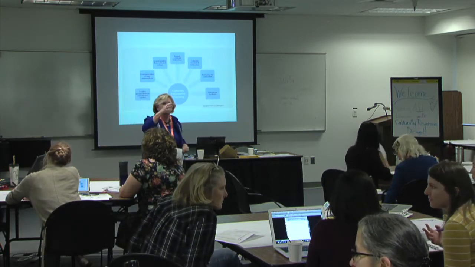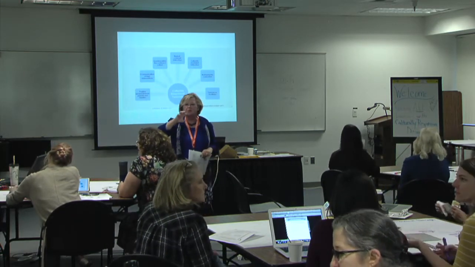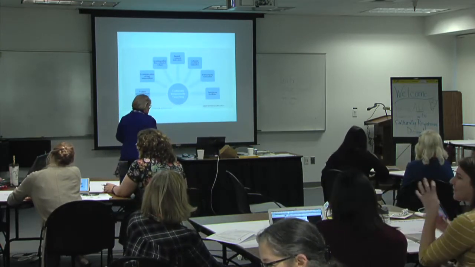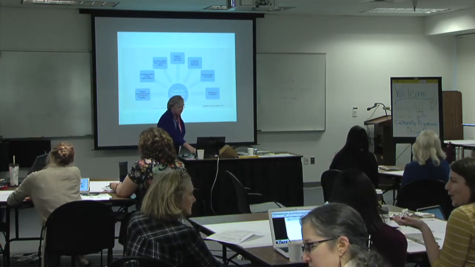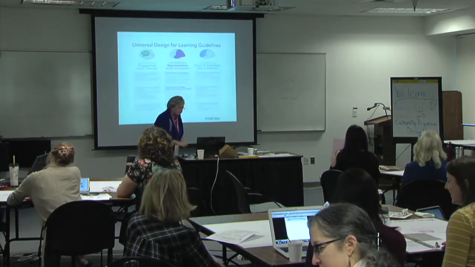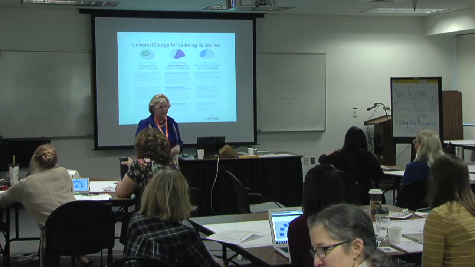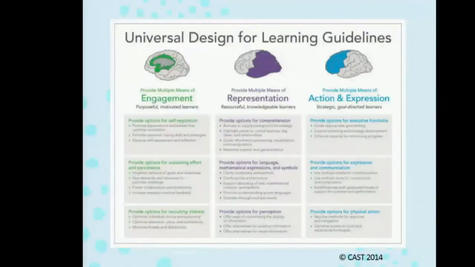All right, let's move on. As we move on this morning, you'll get a more complete idea of what we're trying to create here together. Most of you said that you knew something about universal design for learning. That's the other big concept revolving around culturally responsive design for English learners.